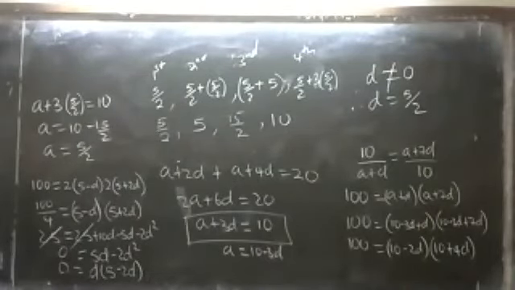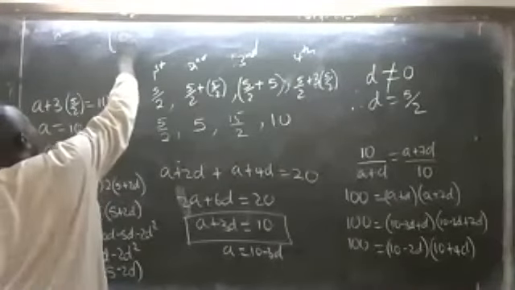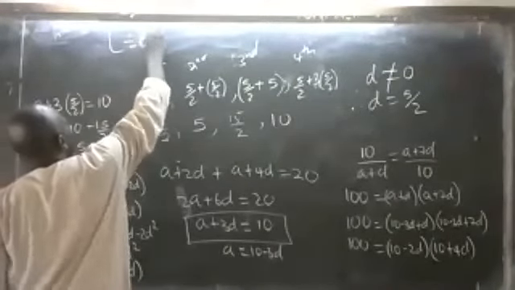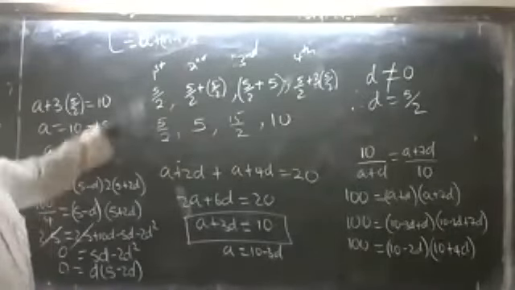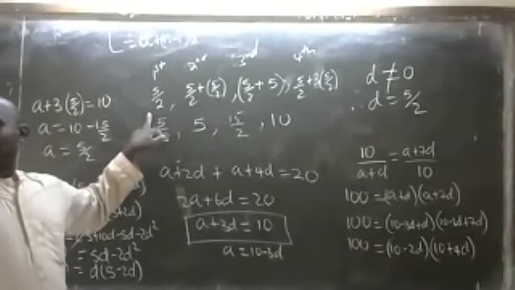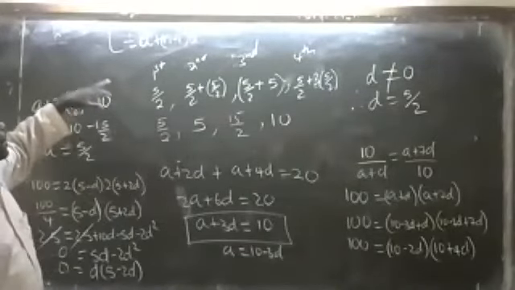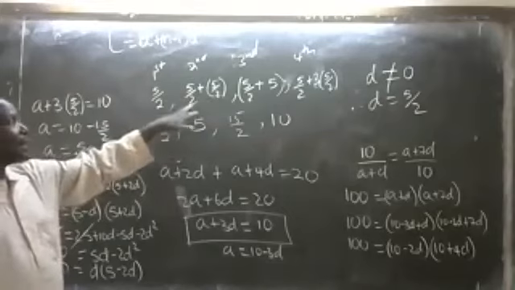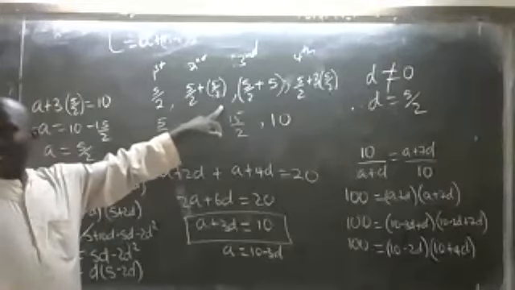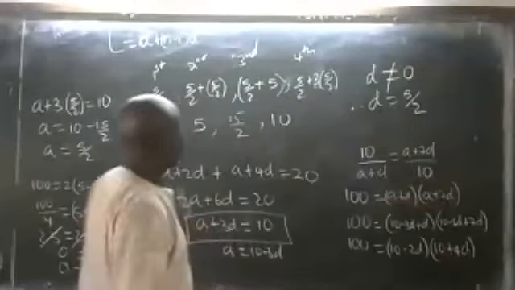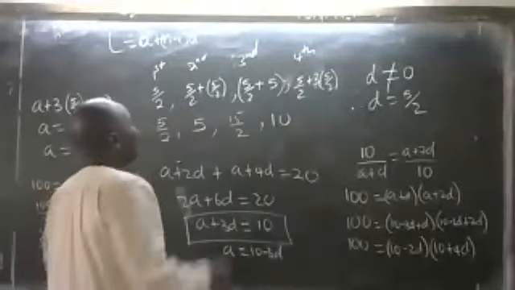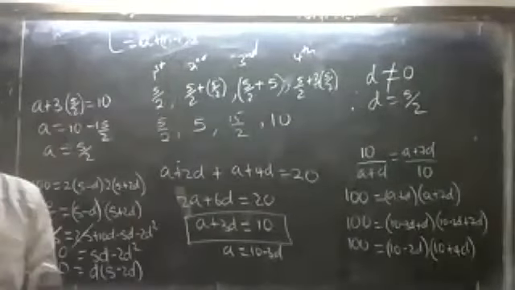The first 4 terms of the AP. We have our formula, the nth term is a plus n minus 1 times d. Now my first term will be a, isn't it? My second term will be a plus d, which is this, because our d was also 5 over 2. Then my third term will be a plus 2 times d.